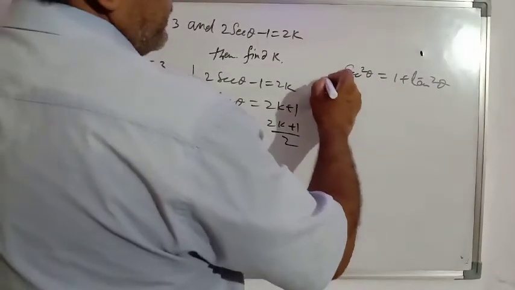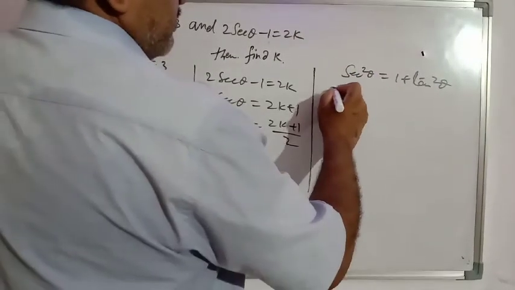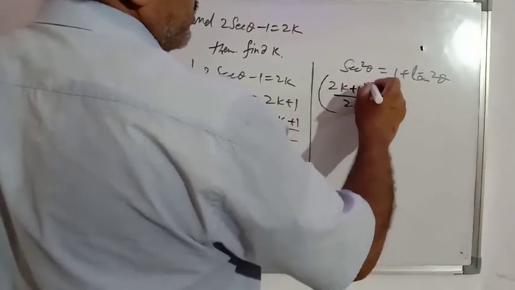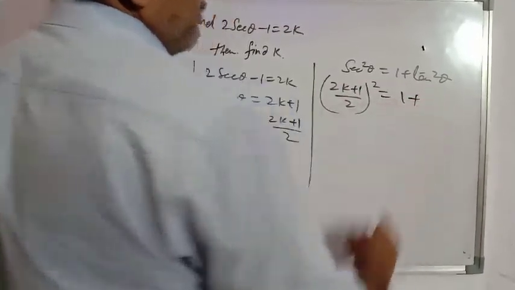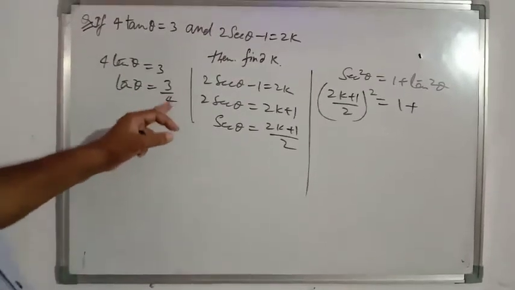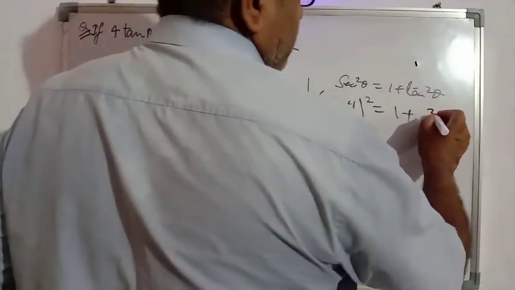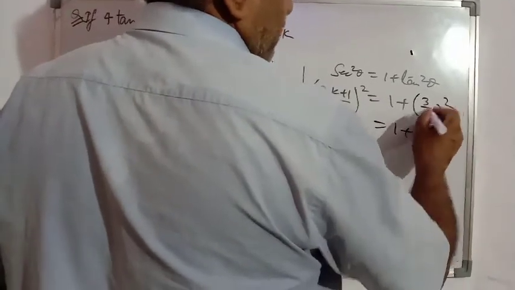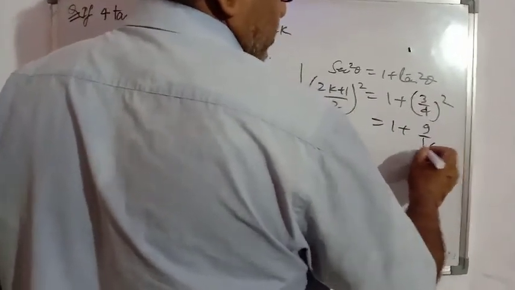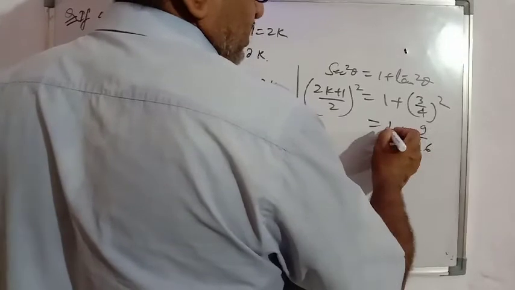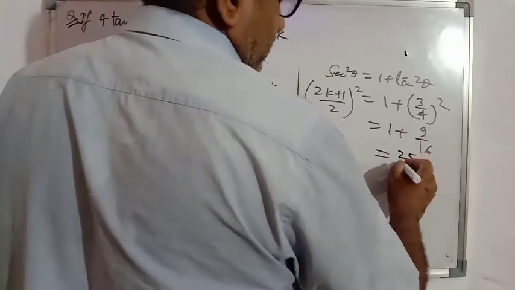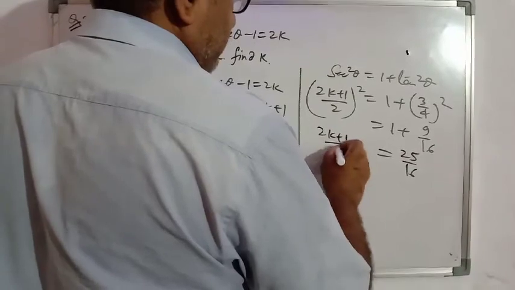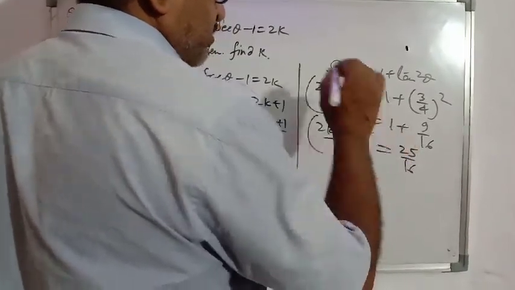So sec theta means 2k plus 1 by 2 whole square is equal to 1 plus tan theta, which is 3 by 4, so 3 by 4 whole square means 9 by 16. Add it: 16 plus 9, 25 by 16. It is 2k plus 1 by 2 whole square.